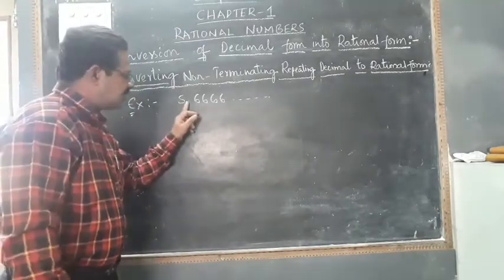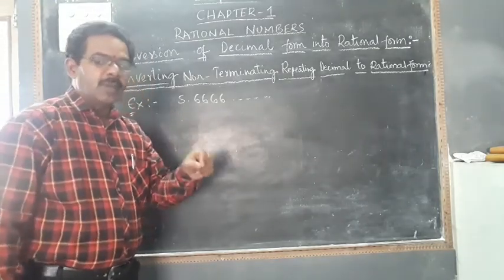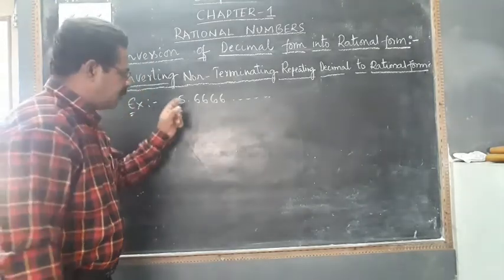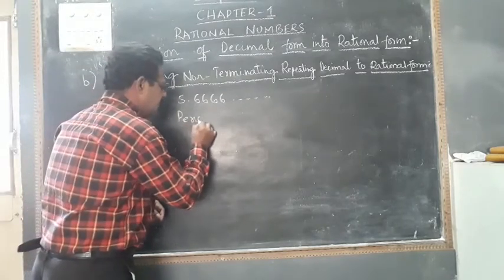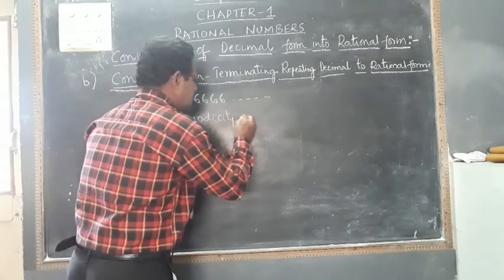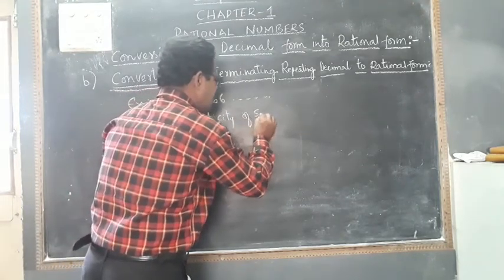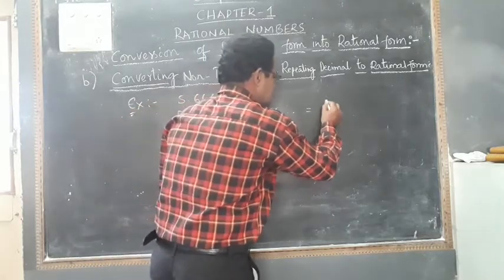Okay. Here after the decimal point, how many digits are repeating? The number of digits repeating is called its periodicity. So the periodicity of 5.666 and so on is equal to 1.